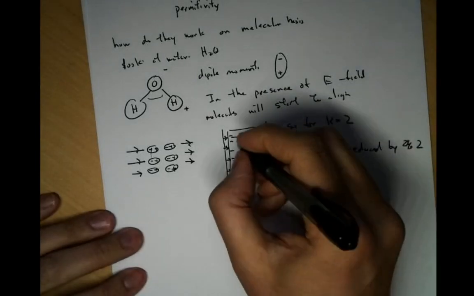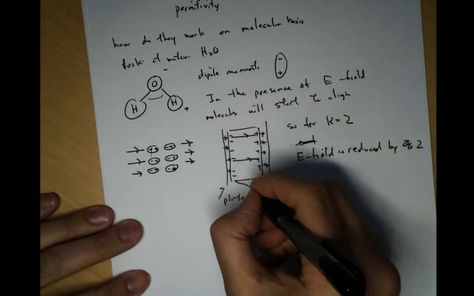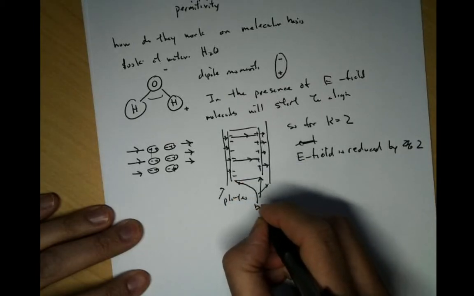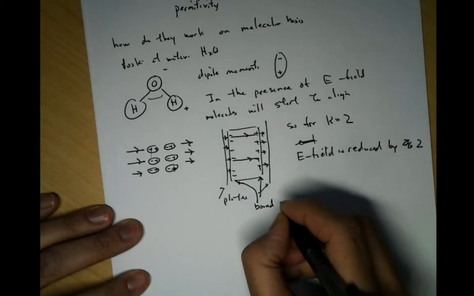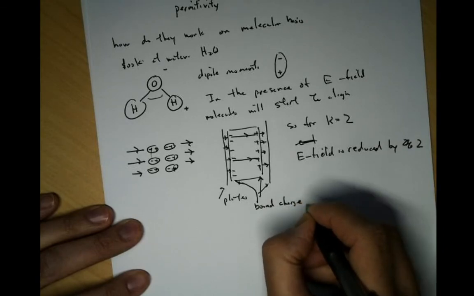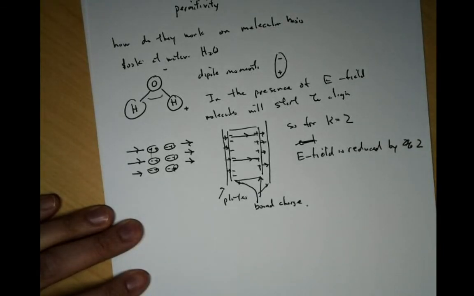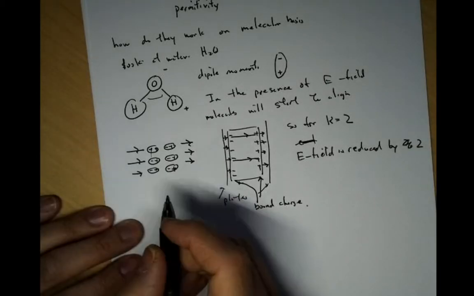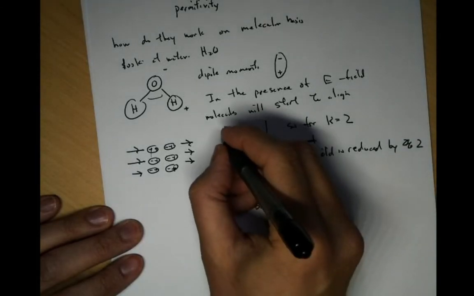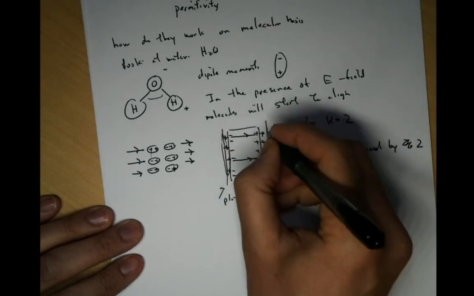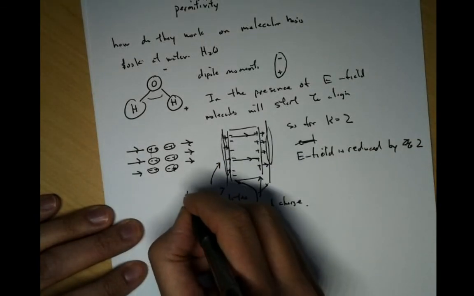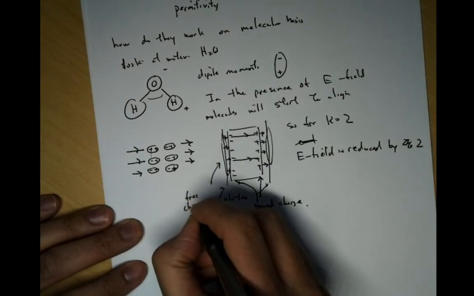So this charge right here, these charges right here, are called the bound charges. Why? Because they're bound, but they are a charge, right? And this piece out here, these are the free charges.